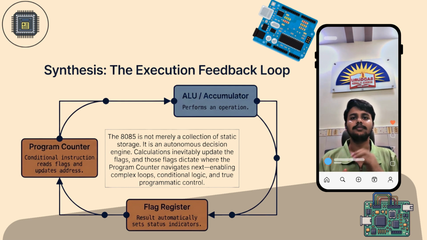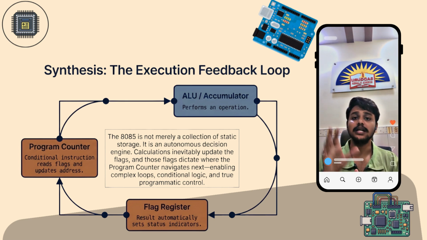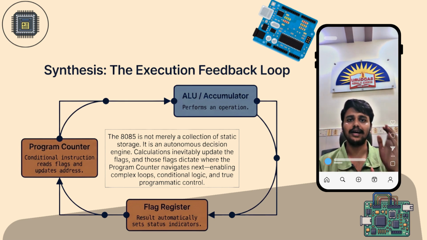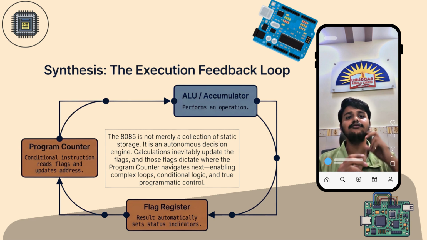These flags are used by the processor to make decisions during program execution. For example, during conditional jumps, instructions use the status of the flags to determine whether a jump should occur or not. A program may need a condition such as jump if zero.